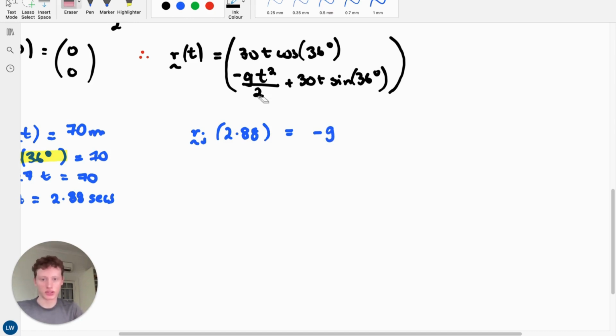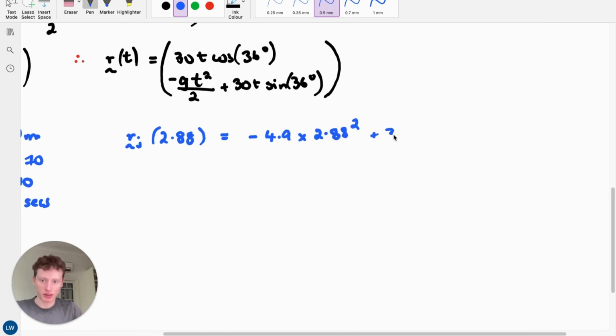We can assume that g is 9.8, so 9.8 divided by 2 is 4.9. So 4.9 times 2.88 squared, plus 30 times 2.88 times sine 36 degrees.